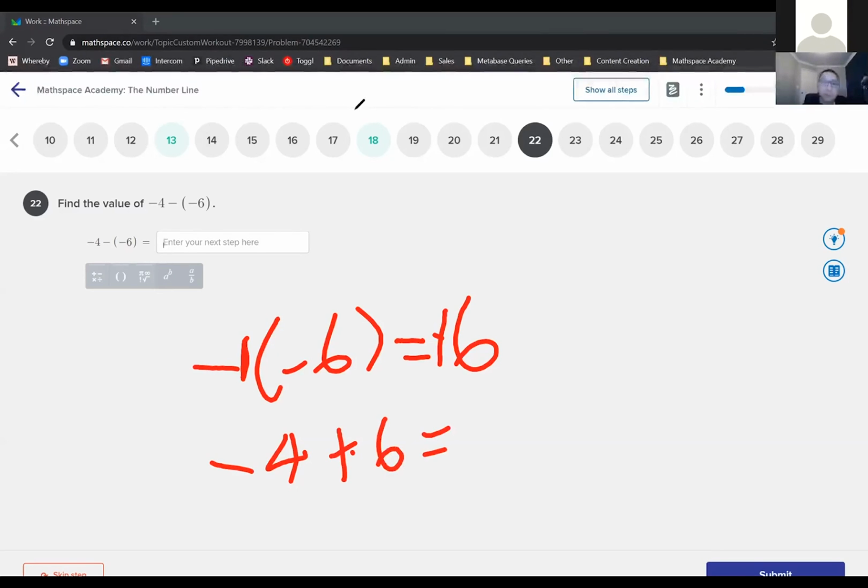Remember that the sign only changes for that second number because it's got the 2 signs, and the negative on the 4 stays exactly the same. So negative 4 plus 6, then we do what we normally do. One's positive, one's negative, so you just find the difference, and the bigger number is positive, so it's going to be positive overall, which means that the number is positive 2. Clear it all.